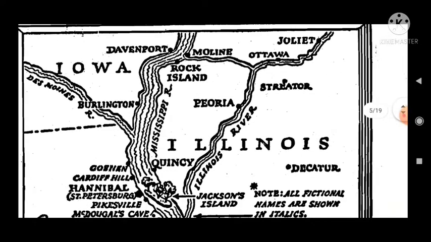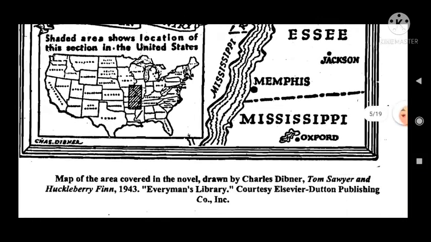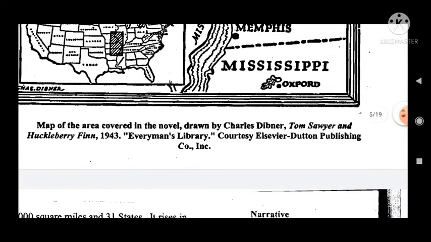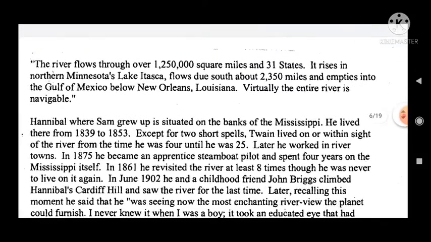So you can see the nearby countries and the Mississippi River. Map of the area covered in the novel drawn by Charles Dibner, Tom Sawyer and Huckleberry Finn, 1943, Everyman's Library, courtesy Elsevier Publishing Co. Inc. The river flows through over 1,250,000 square miles and 31 states.